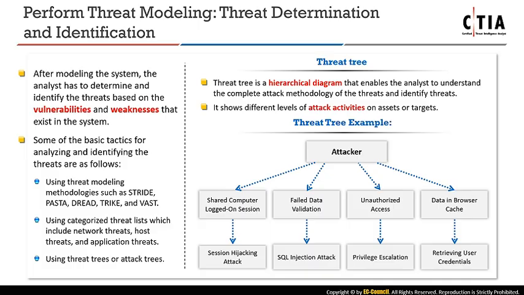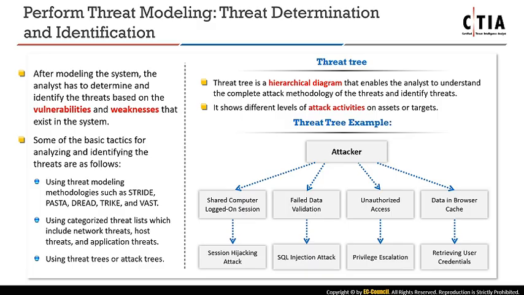For instance, there's one called OCTAVE, which is the Operationally Critical Threat, Asset, and Vulnerability Evaluation, developed by Carnegie Mellon. What it's there to do is assess your organizational non-technical risks that can result if any of your assets, we talked about asset identification, are breached.